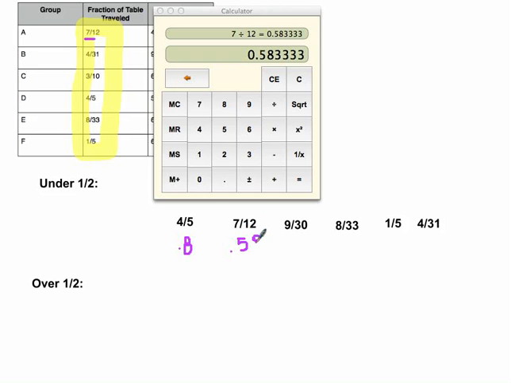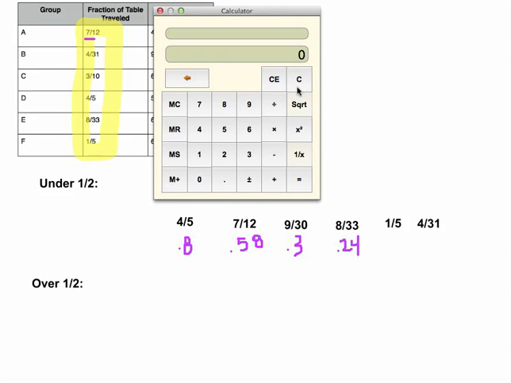Excuse the handwriting. 9 divided by 30 is like 0.3. So we can see in decimal form, it's a little simpler to see that we are getting smaller. 8 divided by 33 is 0.24, 0.242.